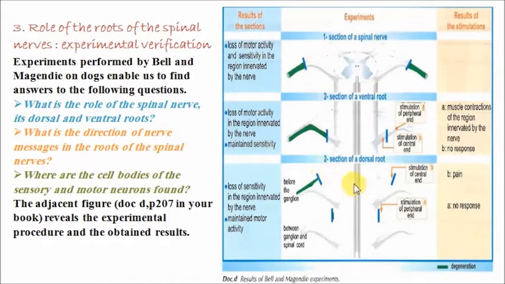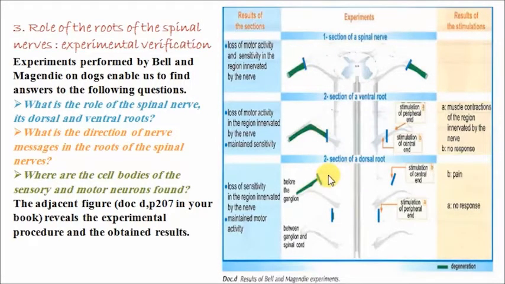And the dorsal root, in the following experiment, is sensory, because sectioning causes a loss of sensitivity but we still have motor activity. So the spinal nerve is both motor and sensory. Ventral root is motor, dorsal root is sensory.